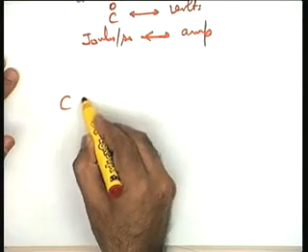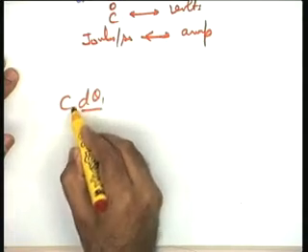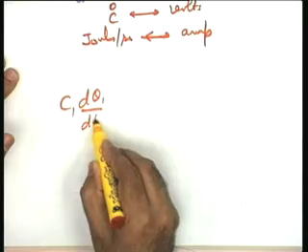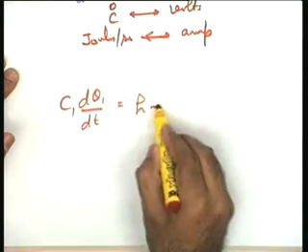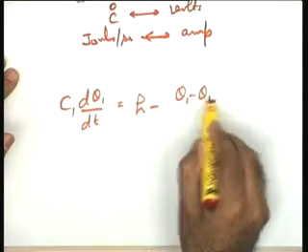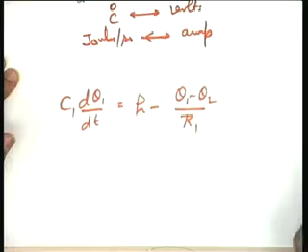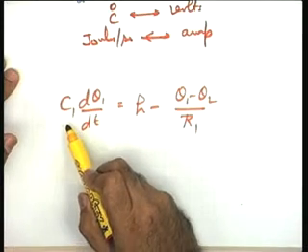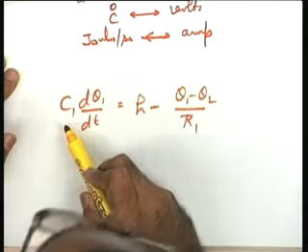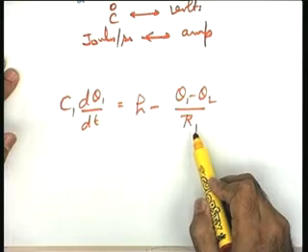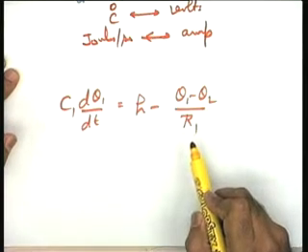You see that C1 d theta 1 by dt is equal to H minus theta 1 minus theta 2 divided by R1, where let me call C1 the thermal capacitance of the system and R1 the thermal resistance of the system.